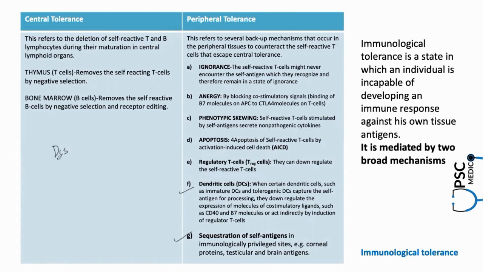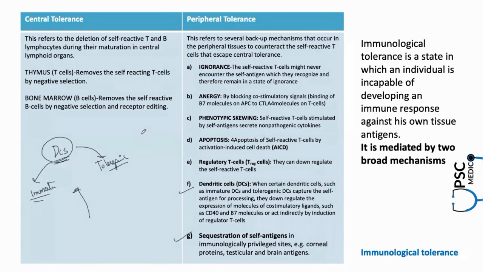Dendritic cells, which are present in the body, some are immature forms and some are tolerogenic forms. Their function is to capture the self antigens, because dendritic cells are a variety of antigen presenting cells.